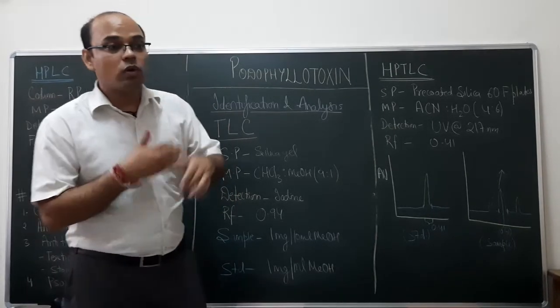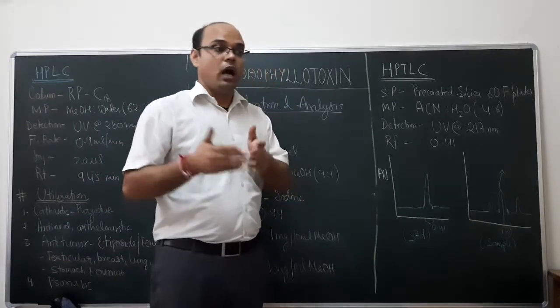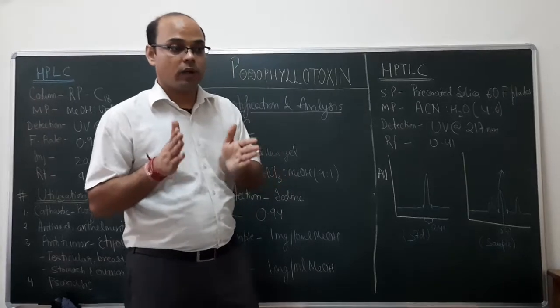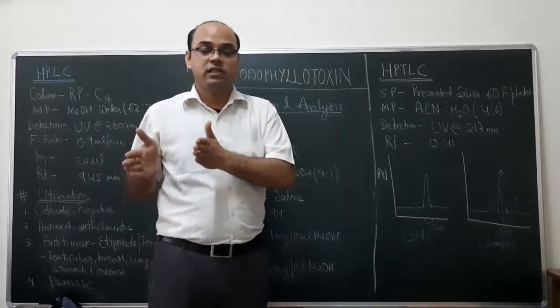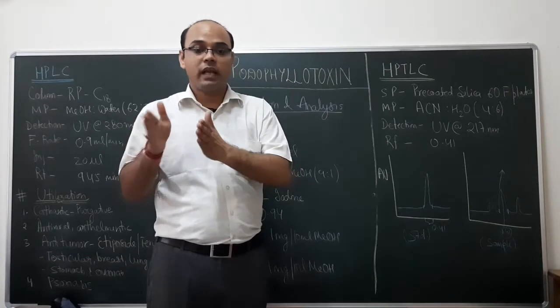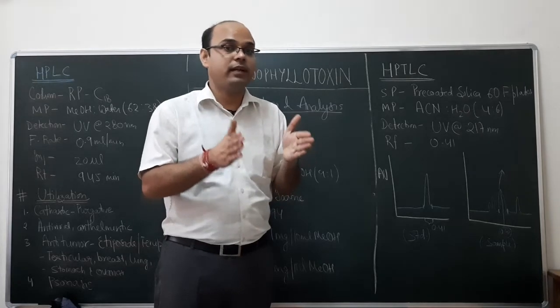Now moving on to a more sophisticated technique, which is very similar to TLC. What is the difference between HPTLC and TLC? TLC is a simple version, and in HPTLC we use sophisticated instruments for each and every task.